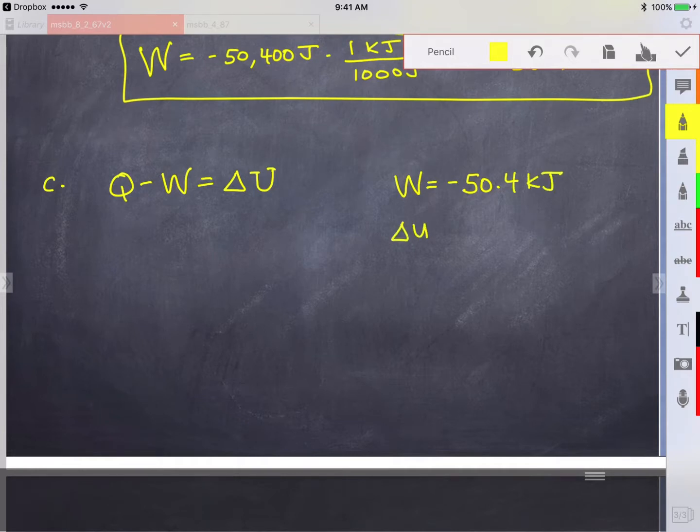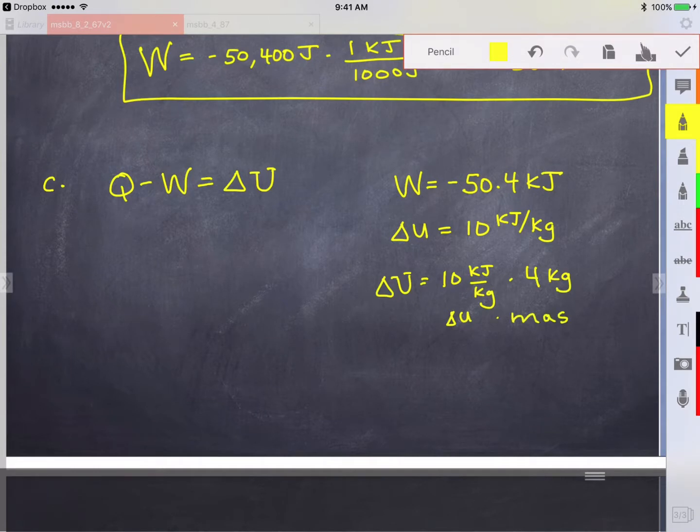And we know that the change in specific internal energy given in the problem statement is 10 kilojoules per kilogram. In order to find delta U, we know that we have 10 kilojoules per kilogram times 4 kilograms that were in the system, right? Because the total change in internal energy is the change in specific internal energy times the mass. So we get that delta U equals 40 kilojoules.